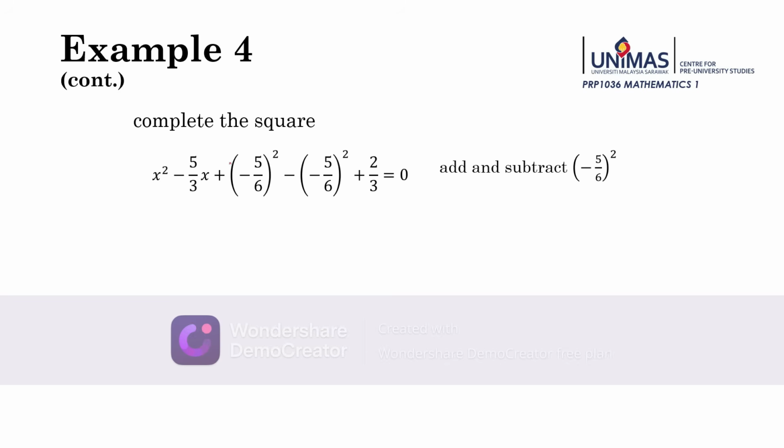So as I say here, you must add b over 2 square and minus b over 2 square. Okay. So we don't change any value of the equation, because plus b over 2 square minus b over 2 square actually cancel out each other. So you will get back the original equation.